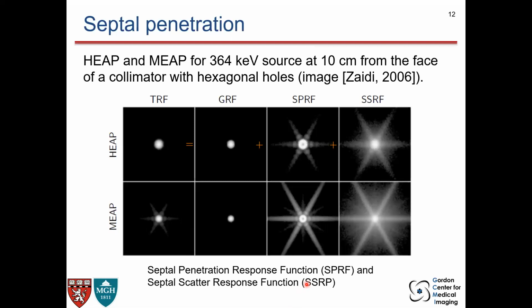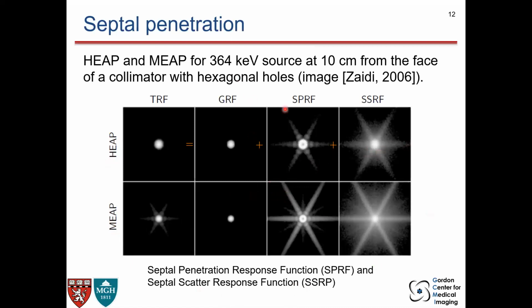Typically, when a medical center or hospital purchases a gamma camera or a SPECT system, they don't just come with a parallel hole collimator. You have all sorts of collimators with different properties. They come with MEAP or high energy all-purpose, and pinhole, typically 5 or 6 different types of collimators come with the system, depending on the application again.